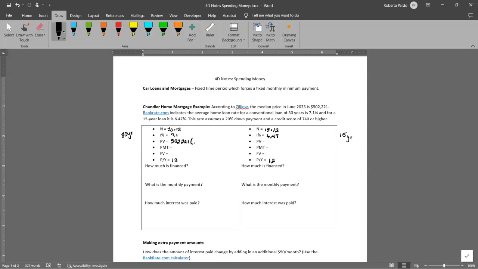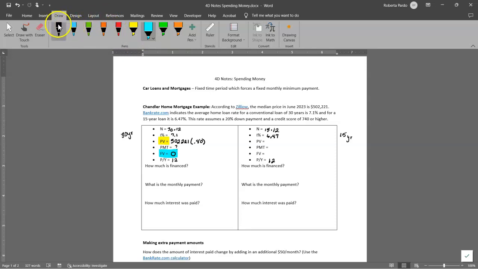That means we're going to owe 80% of that. We don't know what the payment is. That's what we're trying to figure out. And this time we want the loan to be paid off after 30 years. So our present value has changed and our future value is now 0. These are semi flip-flopped from what they were for the savings.